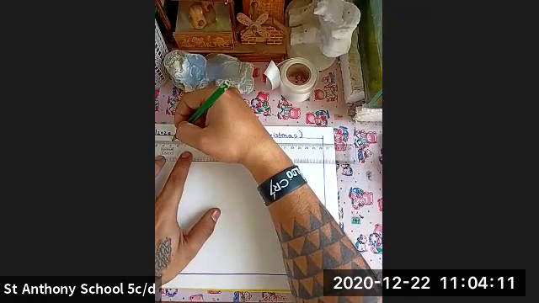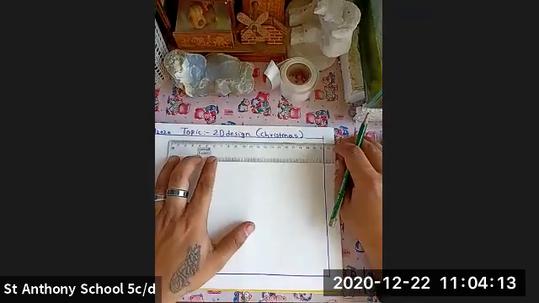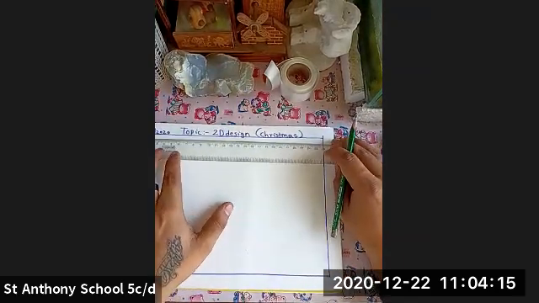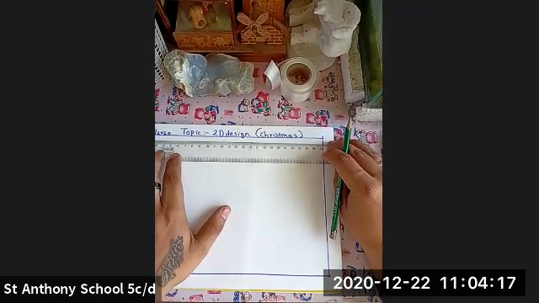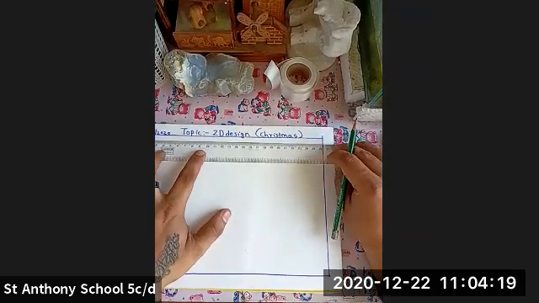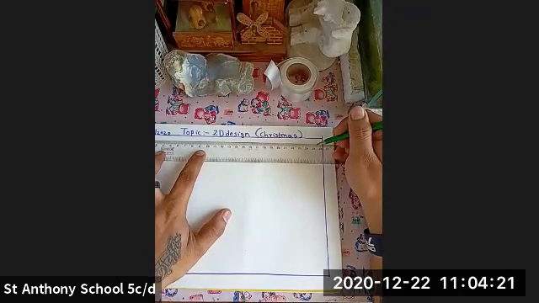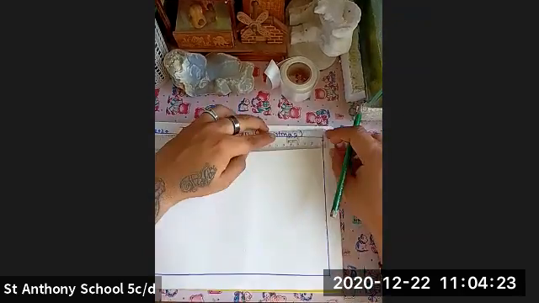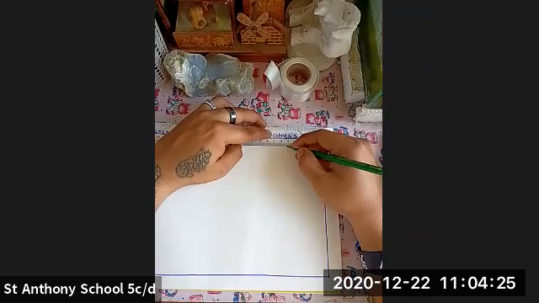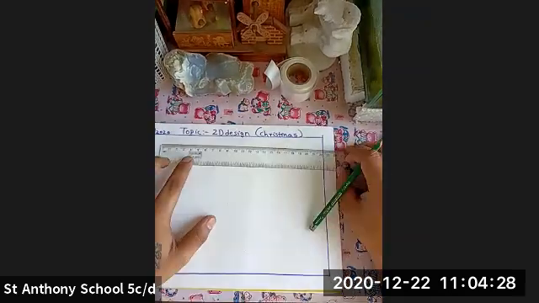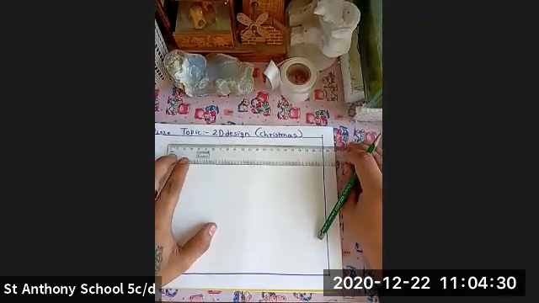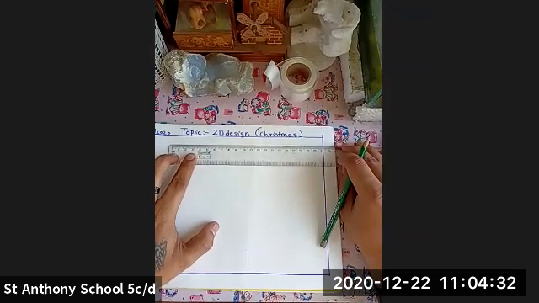Here I'm going to draw a triangle. Sorry, I'm going to draw a square. How I'm going to draw the square, just look at this. I'm going to draw a square of 15 centimeters.